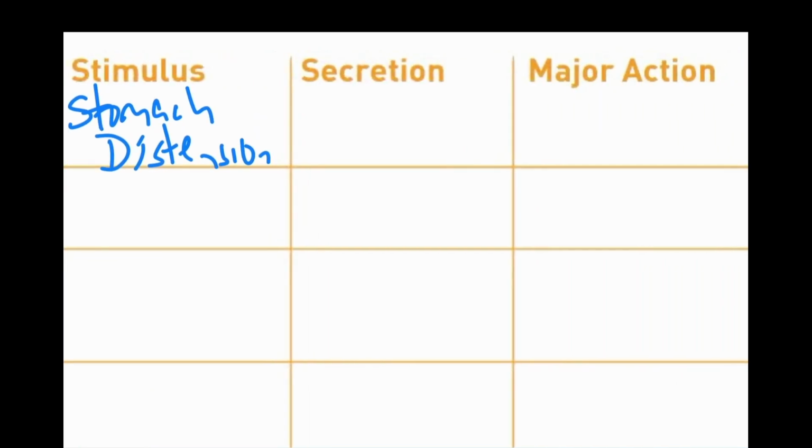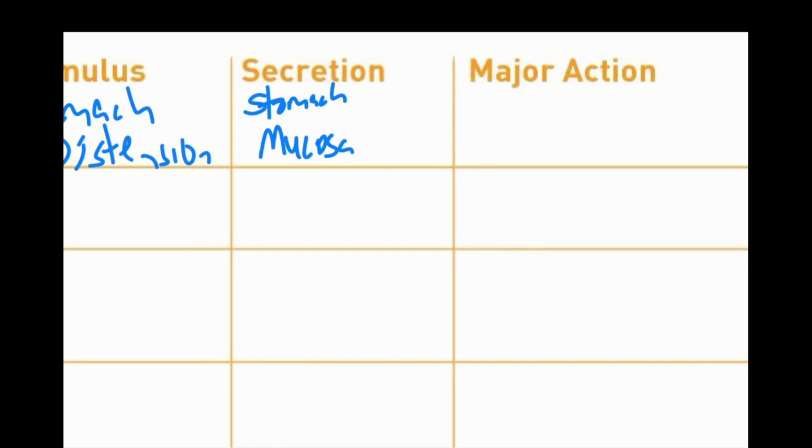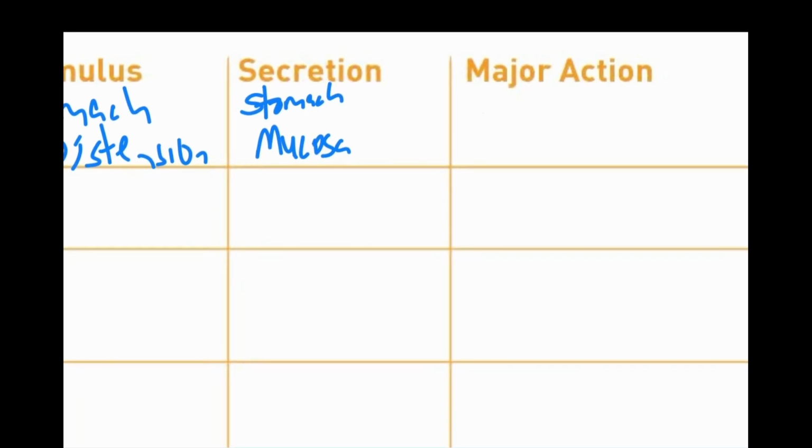The secretion occurs in the stomach mucosa. And the major action of gastrin is to stimulate gastric acid production. We've eaten something, so we've got to get the gastric acid pumping so that we can break down that food into smaller parts.